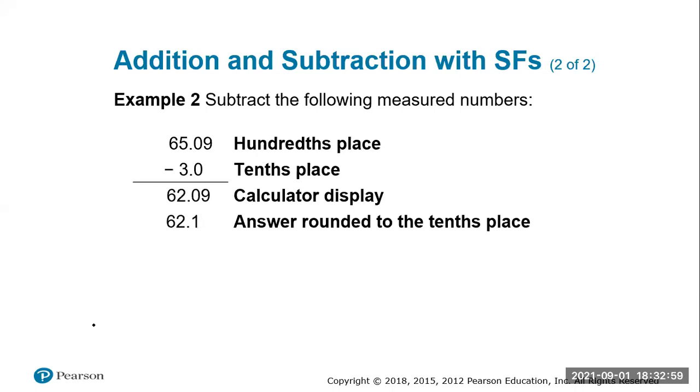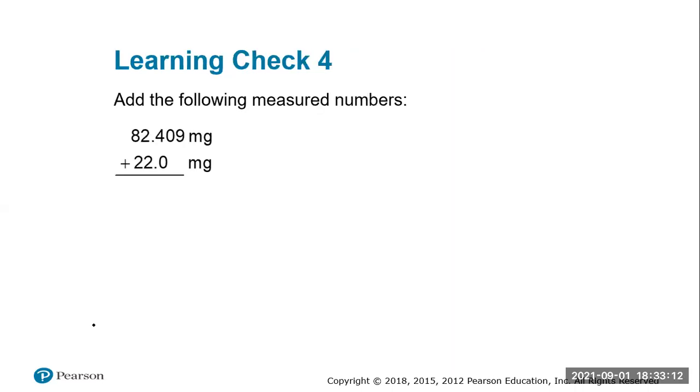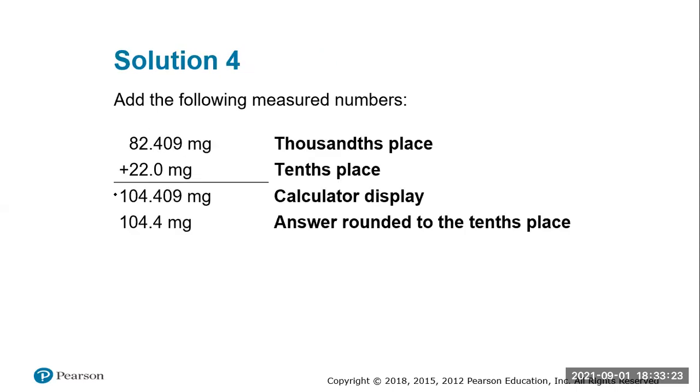So same thing here for subtracting. We see the 3.0 goes to 1 decimal place, which means that we should round up in this case to our 62.1. Again, it has 1 decimal place, but 3 significant figures if we needed 3 significant figures along the way. Here we are adding. So again, looking at decimal places, 3 decimal places, 1 decimal place. If we put it together here, we would go to 1 decimal place.